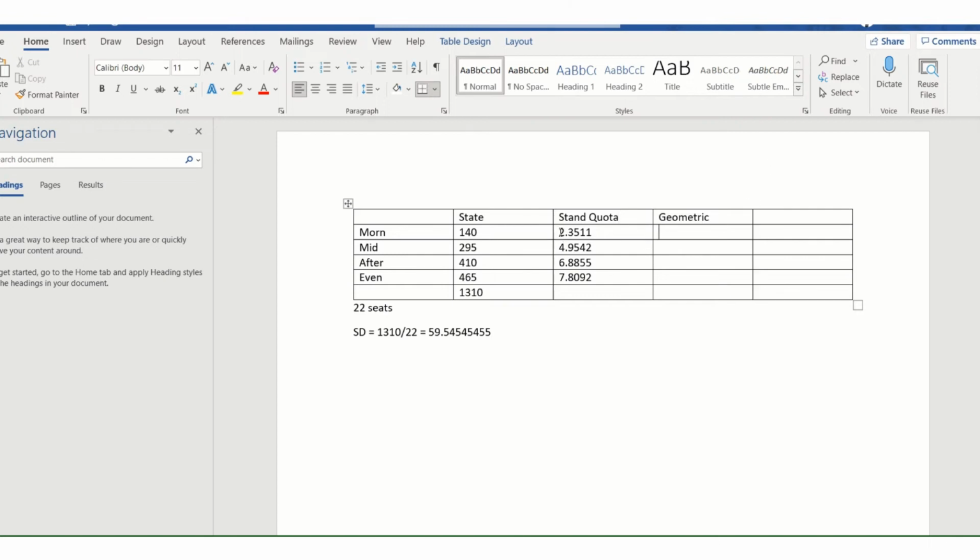Alright, so let's notice that the part right here is a 2. So I want to take for my geometric mean the square root of 2 times 3. So really the square root of 6. And that is going to give me 2.4495. Alright, now let's do the same thing for this. So this one's a 4, so I want to take the square root of 4 times 5, or the square root of 20.